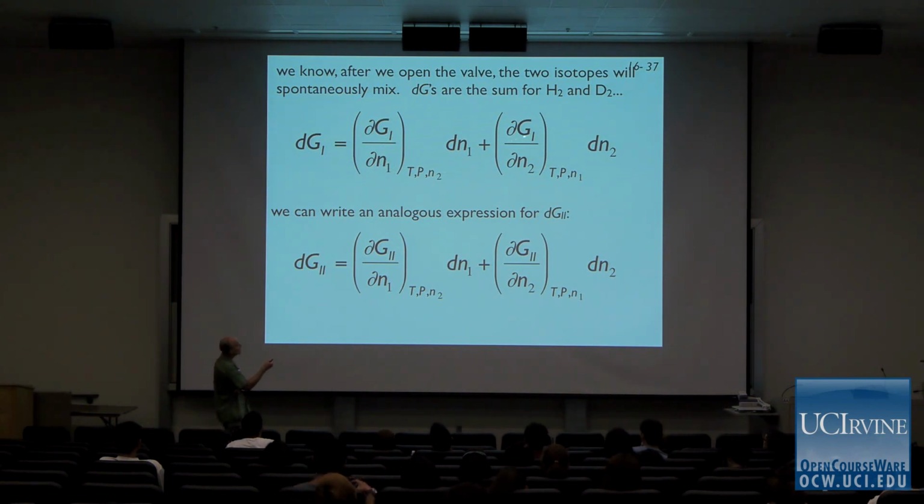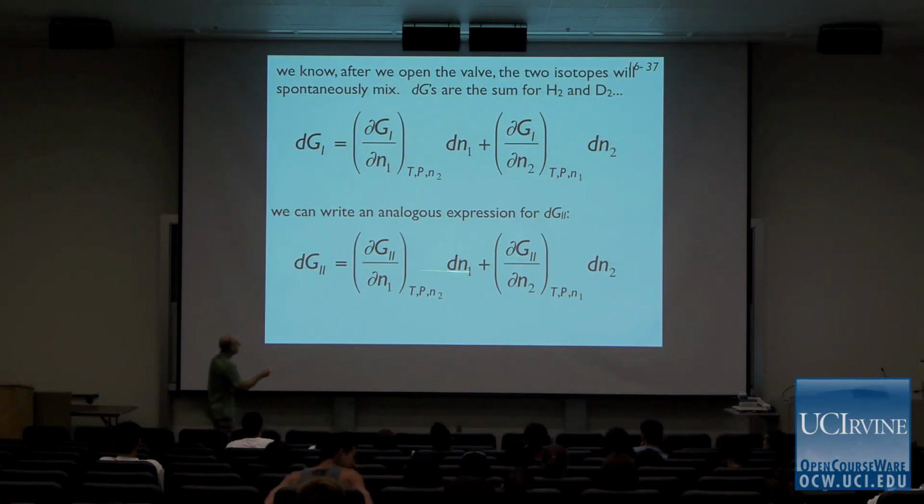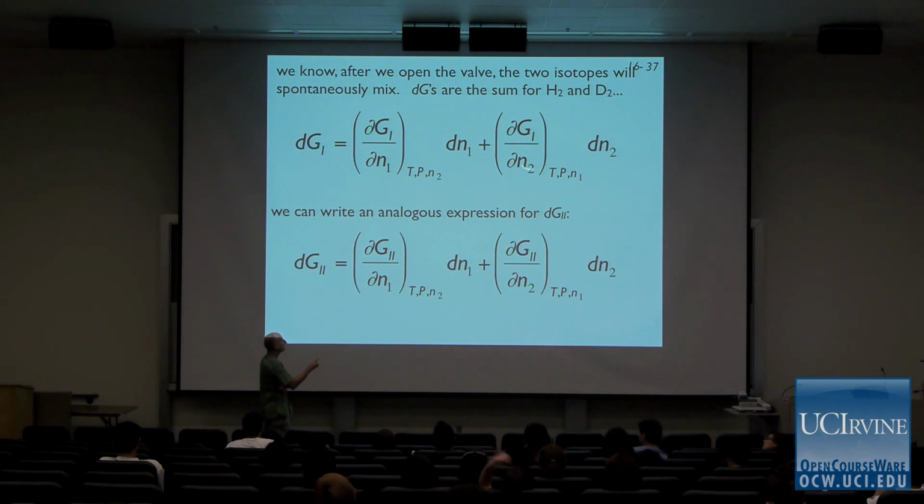And then there's going to be the rate of change of the Gibbs energy with the number of moles of N2, multiplied by the total number of moles of N2 that flows in or out. Okay, we've got an expression down here for the right-hand side that's analogous. It considers the change in the number of moles of 1 and the change in the number of moles of 2, hydrogen and deuterium.